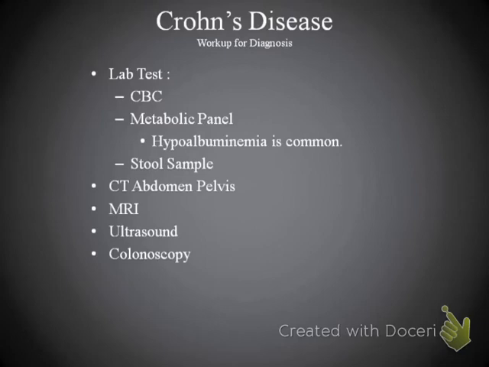Colonoscopy still remains a very good example here because it allows you to actually see what is going on with the camera, and also provides some degree of interventional and diagnostic means while you're in there, such as taking biopsies. So colonoscopy still remains almost a gold standard for things such as Crohn's disease.